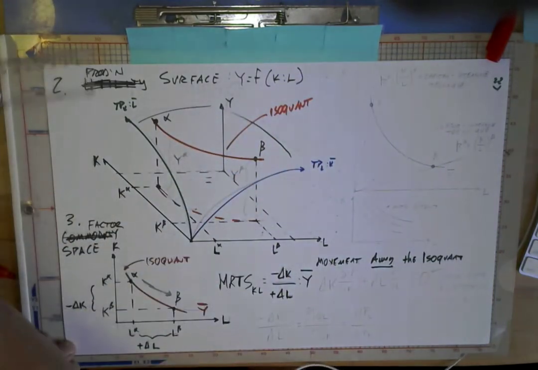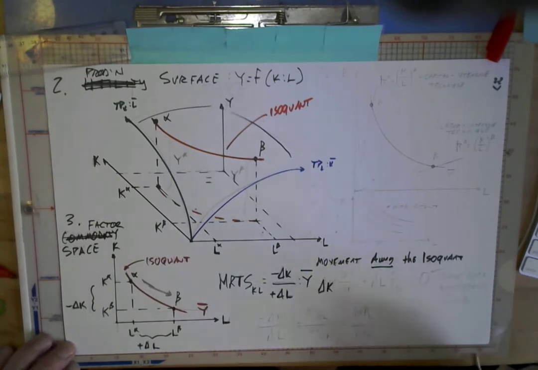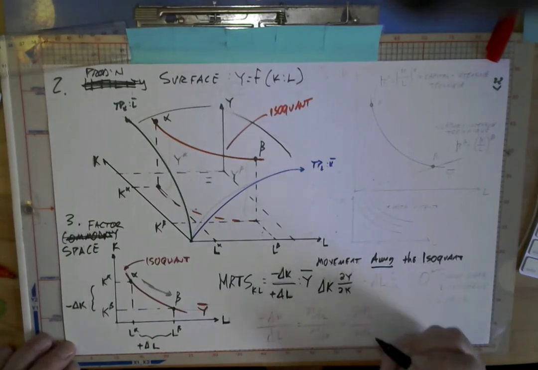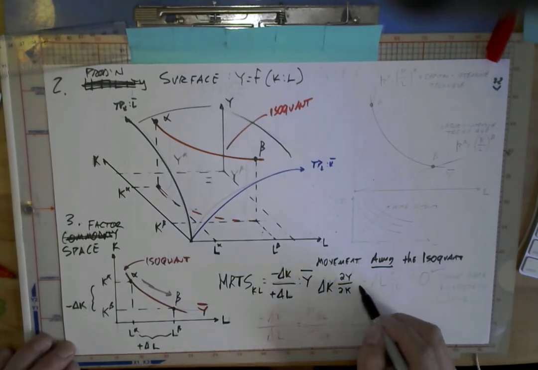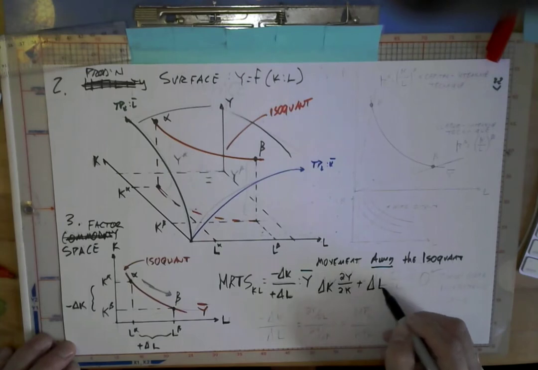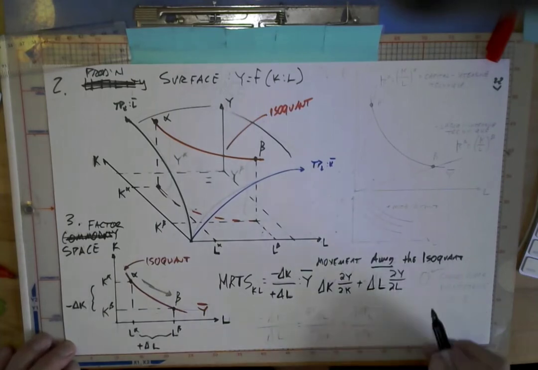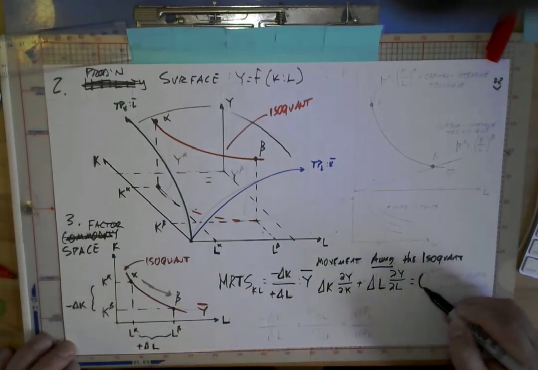So if we take the total differential, we would have the change in the quantity of capital times the partial derivative of the quantity of output with respect to the quantity of capital, plus the change in the quantity of labor times the partial derivative of output with respect to labor. You set that equal to the change in the output along the isoquant, which you set equal to 0.